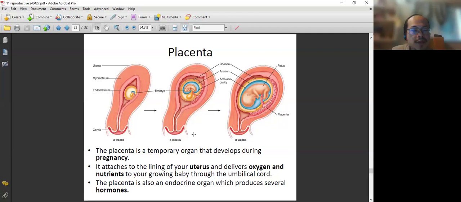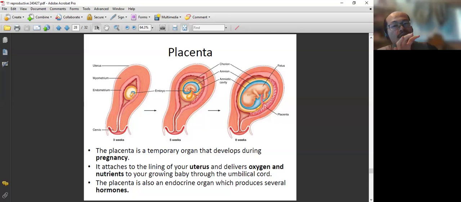When they merge, they will move into the uterus and then will implant. So what do we need to know here? Once it implants, you can consider there are two organisms living in the same body. You have the mother, you have the uterus.